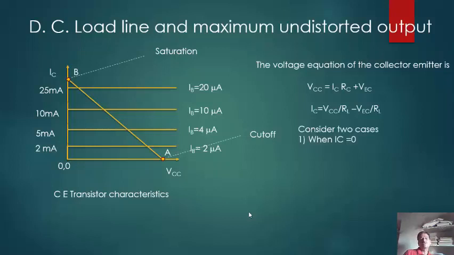Now consider the 2 cases. If you are looking towards this point A, that is the cutoff point, and point B is the saturation point, and at point A the IC is equal to 0. These are the 2 extreme cases in the characteristics of the transistor.